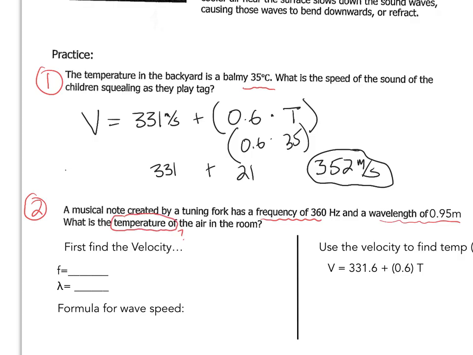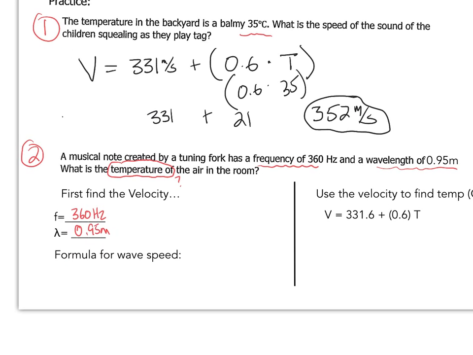And you're like, wait a minute, there's no formula that combines all of those. So the first thing you do is get organized. The frequency is 360, the wavelength is 0.95 meters, and there's a formula for wave speed. This is something you haven't had as much practice with, but it's simply that the product of the frequency and the wavelength is the velocity.